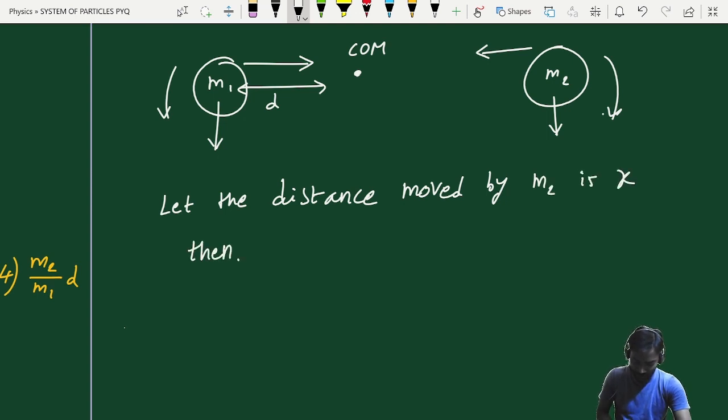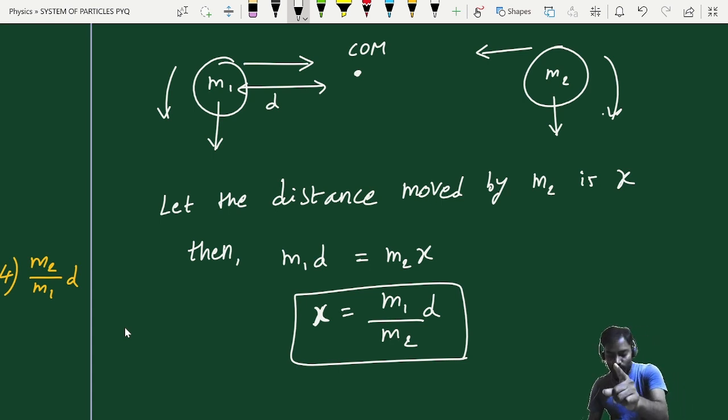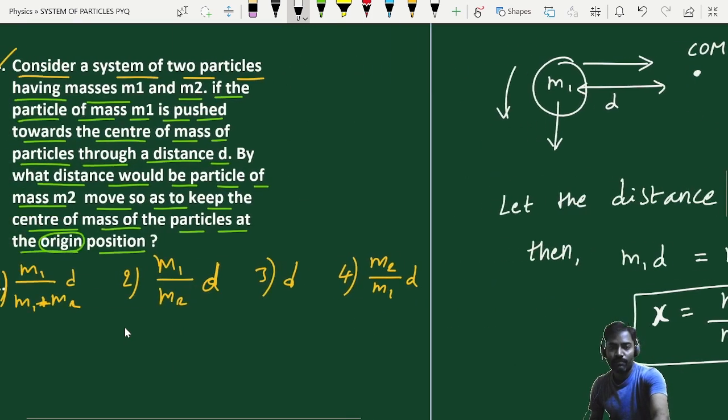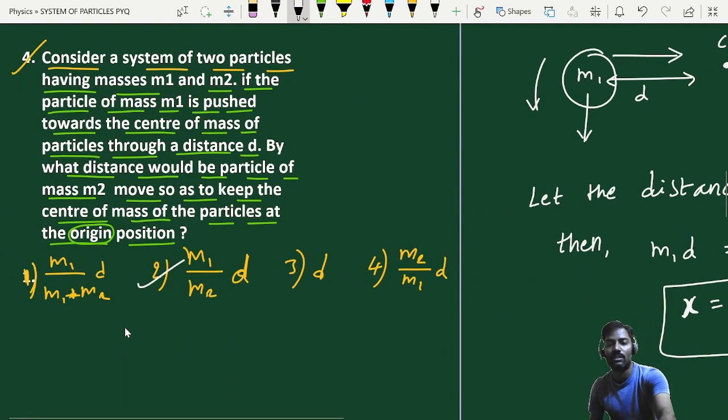Then according to the principle of moments, the vector sum about the center of mass is 0. So you can write m1d is equal to m2x. Required x is equal to m1 by m2 into d. So to not change the center of mass position, m2 should move this much distance towards the left, that is towards the center of mass. So option number 2 is suitable.